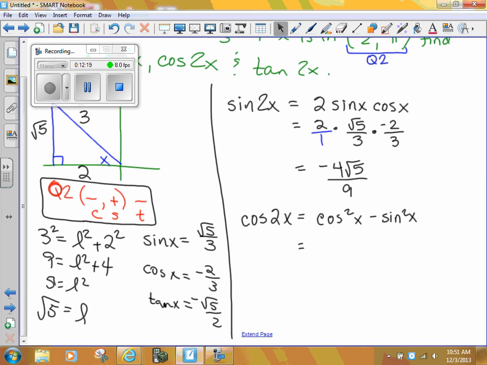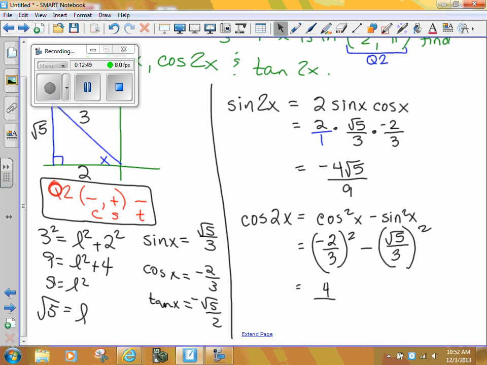Cosine squared, well, my cosine value is -2/3 squared, yes? Minus, my sine is √5/3 squared. When you square a fraction, you square the numerator and the denominator. So what's -2 times -2? 4. That's right, +4.